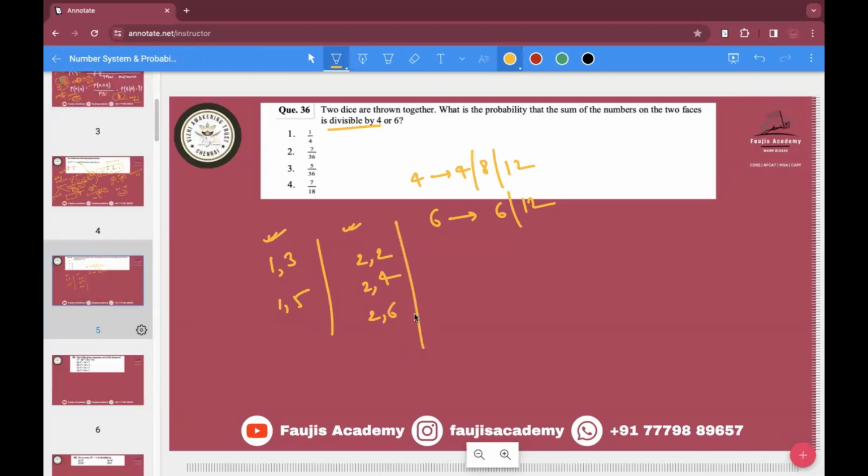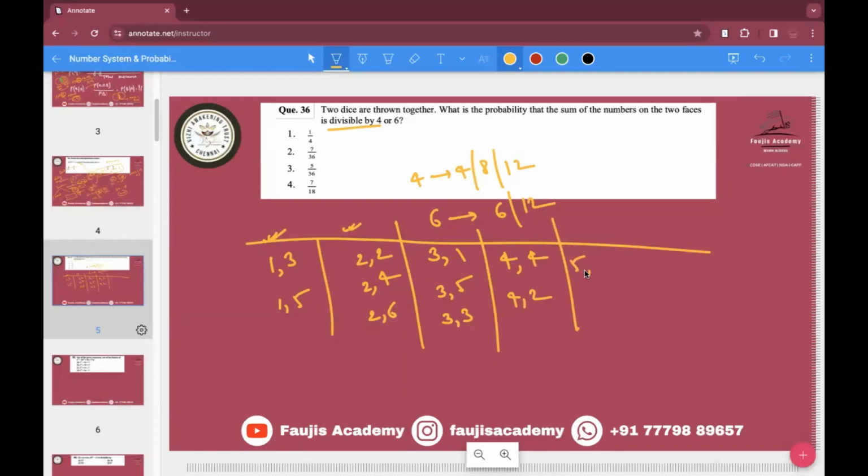If we have to make it 12, the other dice has to come 10. That's not the case. First dice is 3. 1, 3, 5 comes, it's 8. 3, 3. Can you make it 12? No. 4. The other dice will have to come 0, but there'll be some number. So we cannot make 4, but we can make 4, 4, 2, 8.